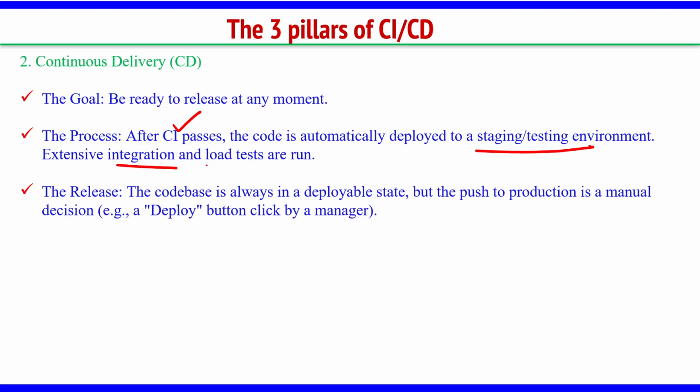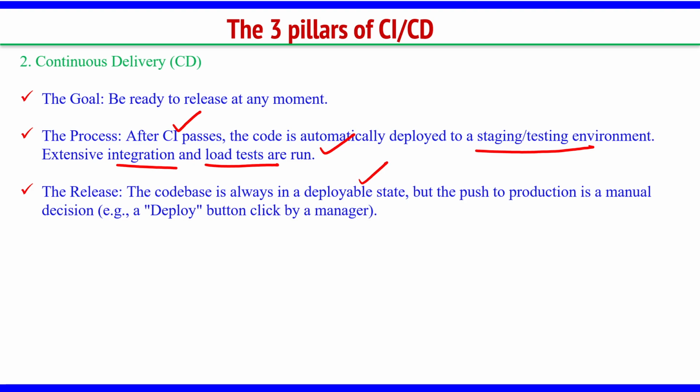Extensive integration and load tests are run as if it happens in real time. So basically we are testing the code with the changes I made in some local environment, giving some load and seeing whether everything is working fine or not. The release: the code base is always in a deployable state.